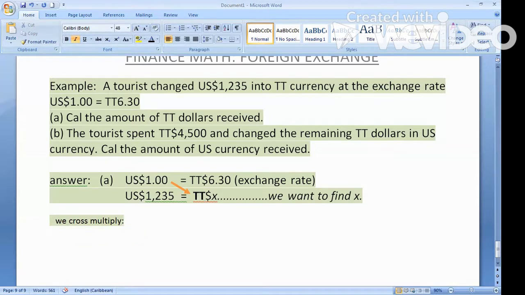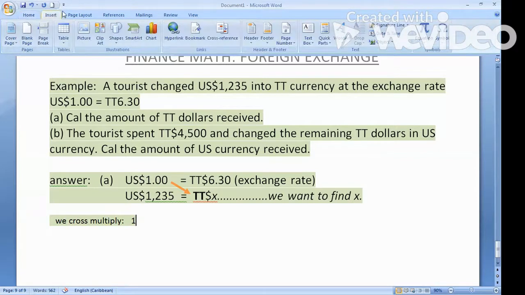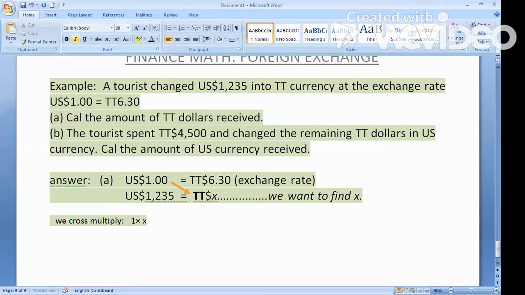Let me put it there. So we have 1 times X. I'm cross multiplying 1 times X. I know I'm dropping some things here because they're not relevant at that point.